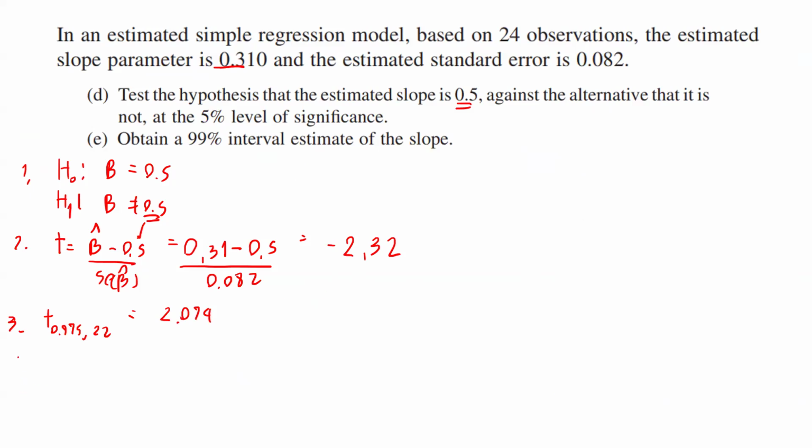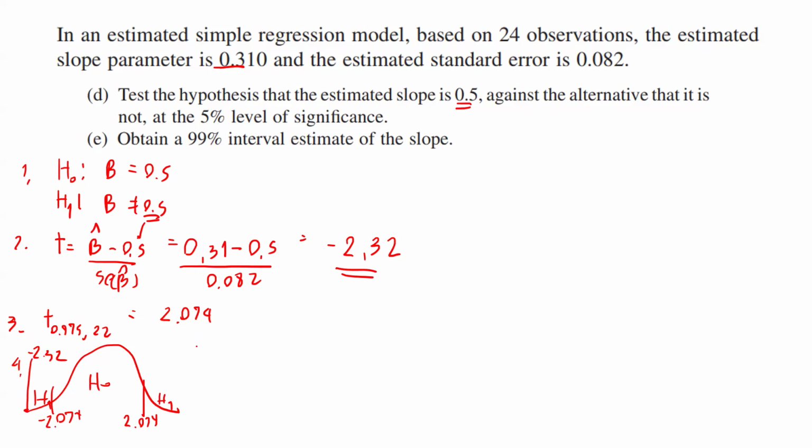And then the last step, draw the normal distribution, and then two tail is now H1. The second step exceeds the rejection region, so it goes to H1.